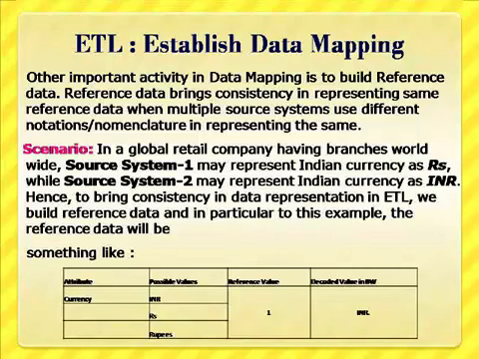So here the attribute that is of interest for us is currency, and the possible values that are stored in different source systems of this global retail company are INR, RS, rupees. Now, as part of ETL reference data maintenance, we would map all these different values for the column attribute currency related to the particular country India as 1, and when the data finally gets loaded from ETL after cleansing and transformation into the data warehouse, we would replace that 1 with INR.